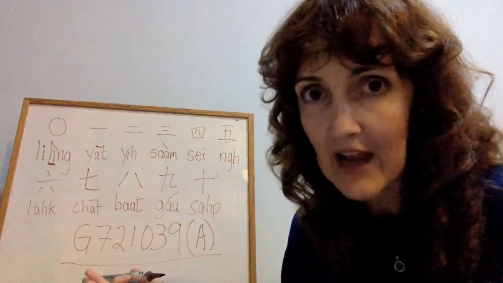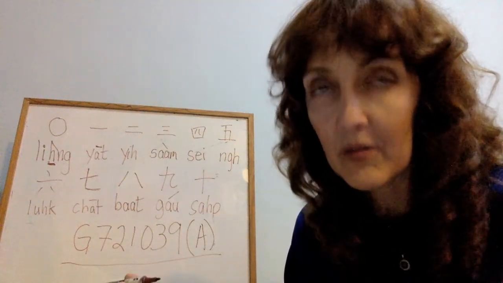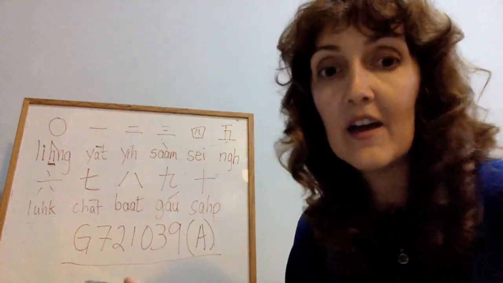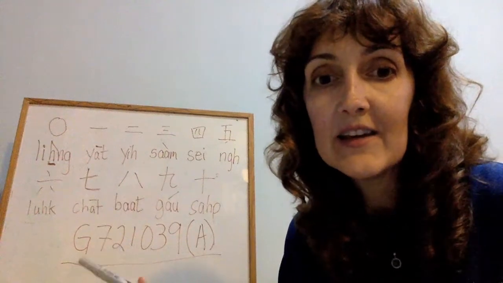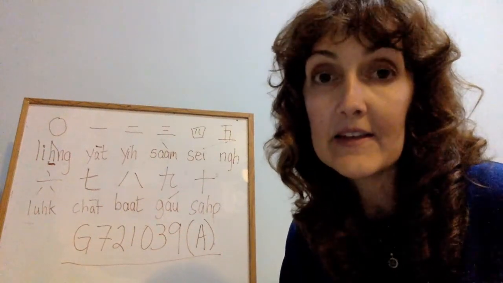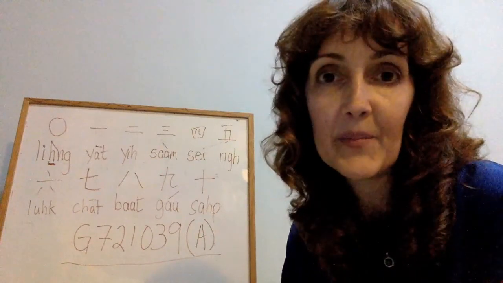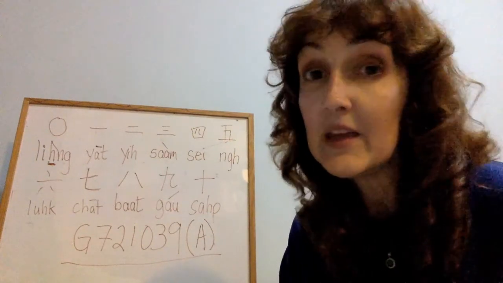You don't have to say brackets because everybody in Hong Kong, if you have a number in the brackets, they would know that. It comes at the end. So, okay. G 7210339 括號 A.